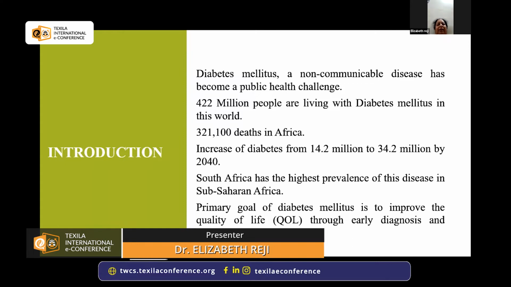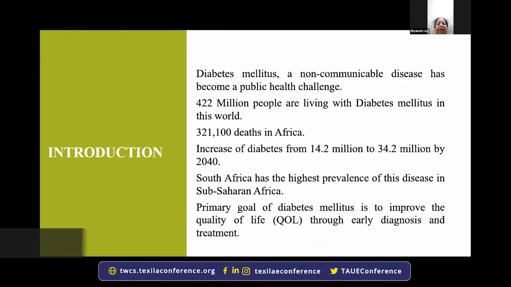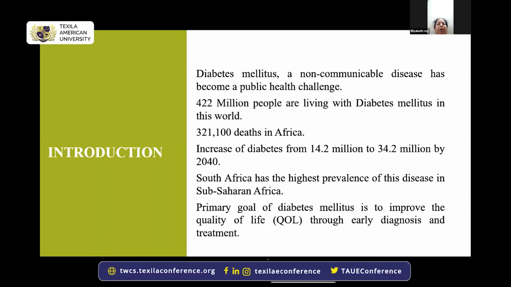From the literature review and the introduction, diabetes is a non-communicable disease that has become a public health challenge. 422 million people are living with diabetes in this world, and 321 deaths have occurred in Africa.